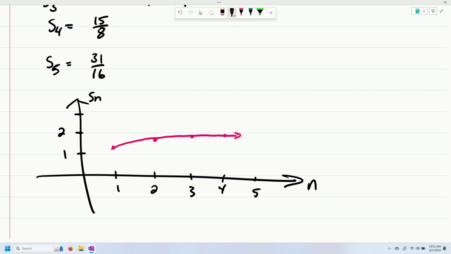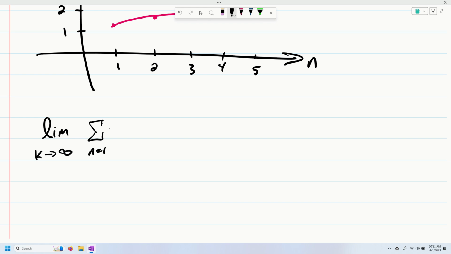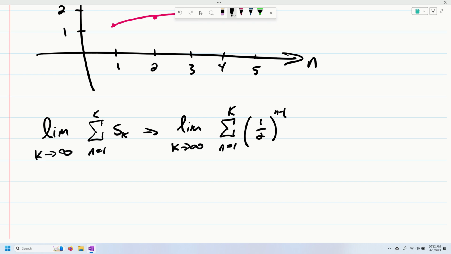If you were to calculate what these values are, you're going to find that our limit, as k goes to infinity, of the summation from n equals 1 to k, which is the limit of our series, is equal to 2.